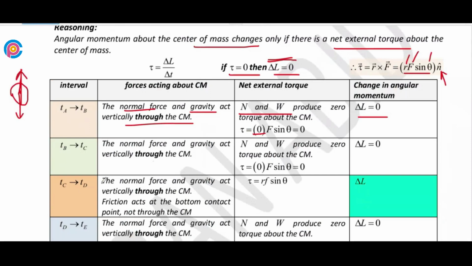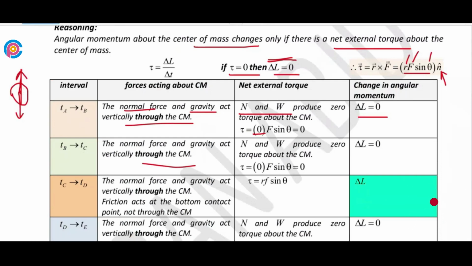The same situation applies from B to C. Only two forces are acting, normal force and gravity force, and both pass through the center of mass, because we are discussing the change in angular momentum about the center of mass. Because a sphere has spherical symmetry, its center of mass lies at its center.